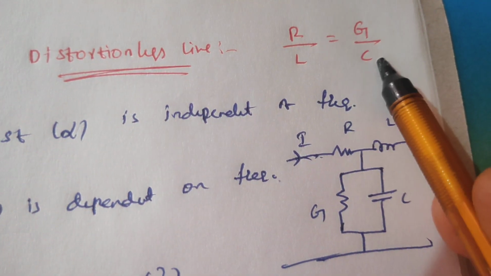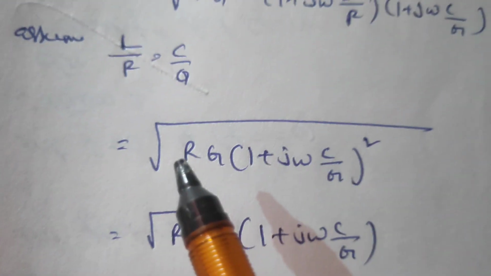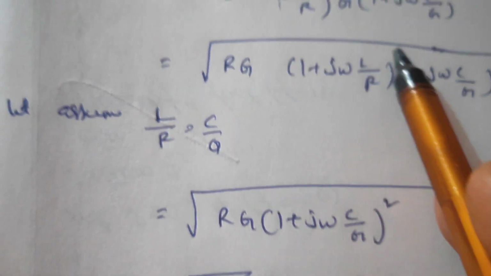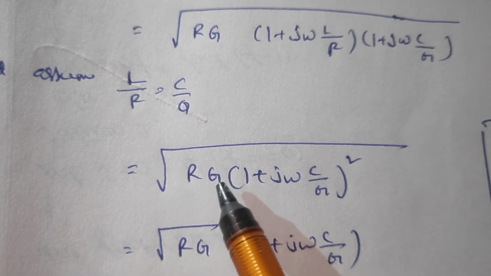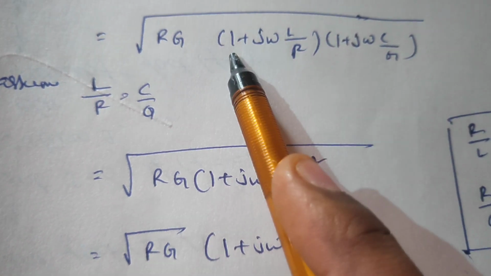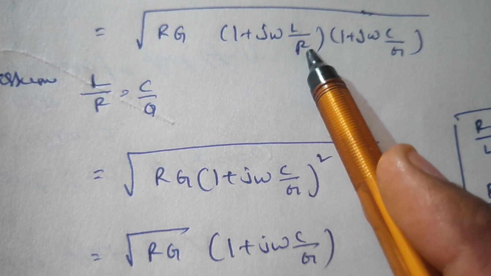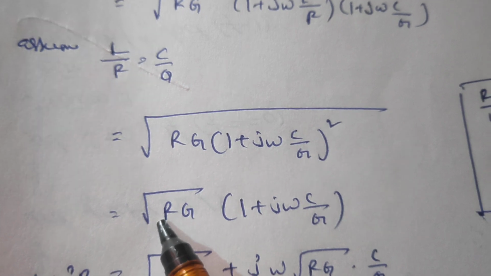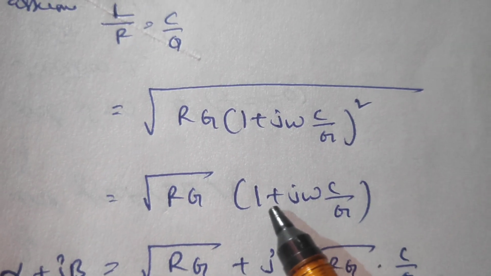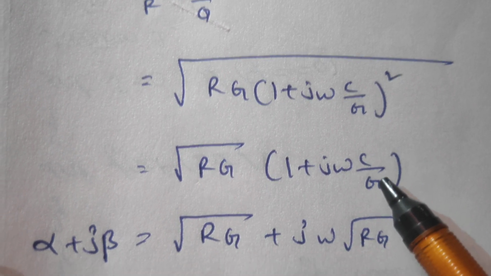This is from R by L is equal to G by C, or L by R is equal to C by G. So I am simply substituting these values. Alpha plus J beta is equal to under root of RG into 1 plus J omega L by R; substituting L by R as C by G, you will get a square term. So it is under root of RG into 1 plus J omega C by G squared.